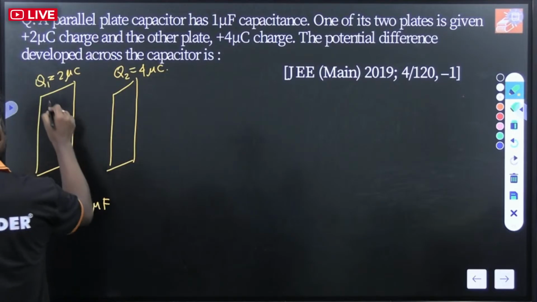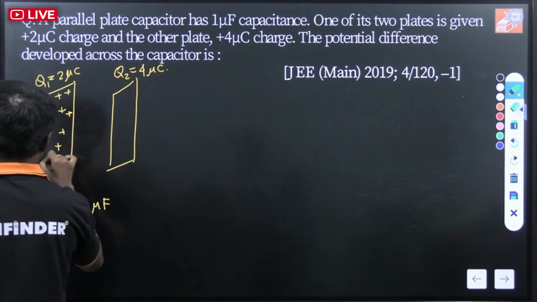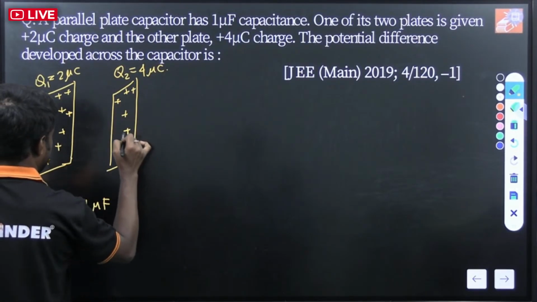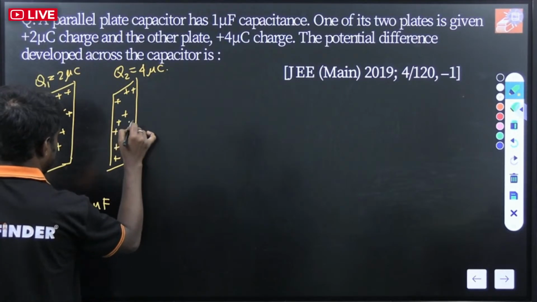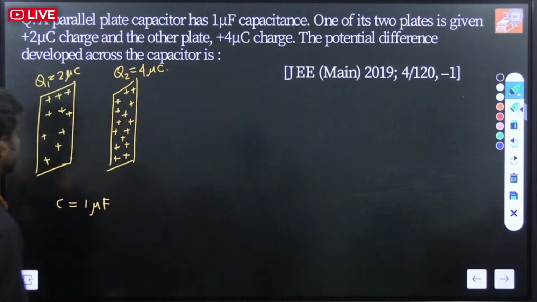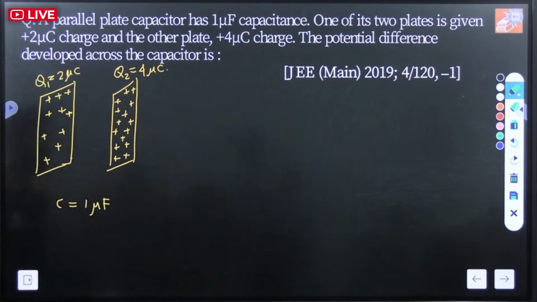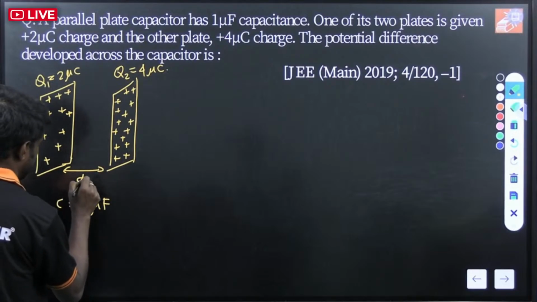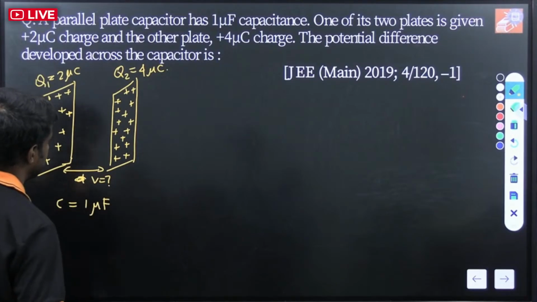So these two plates have positive charge. This plate has 2 microcoulomb, here also positive charge, and according to the question, this one is 4 microcoulomb. Now the question is, what will be the potential difference developed across the capacitor between these two plates, with distance d?